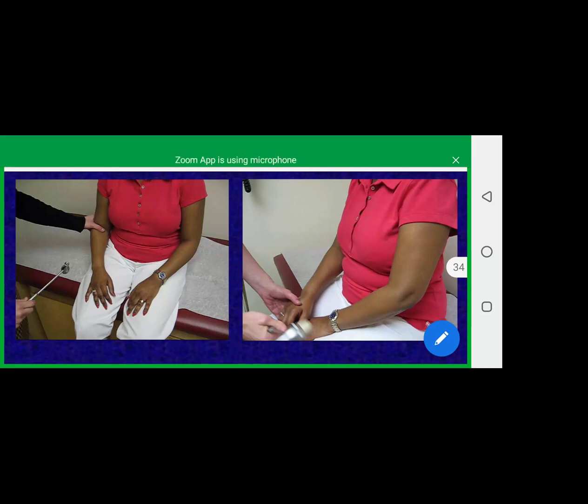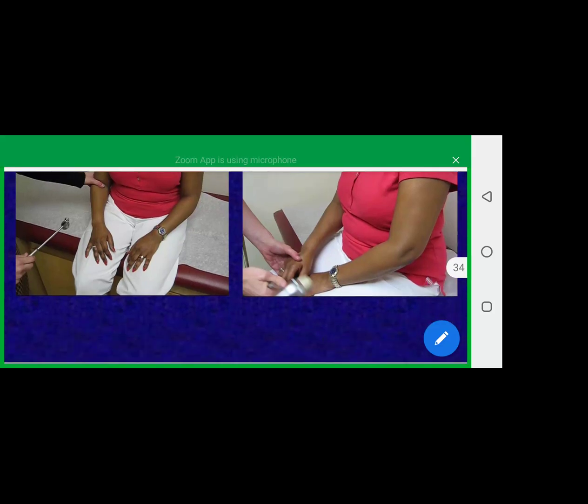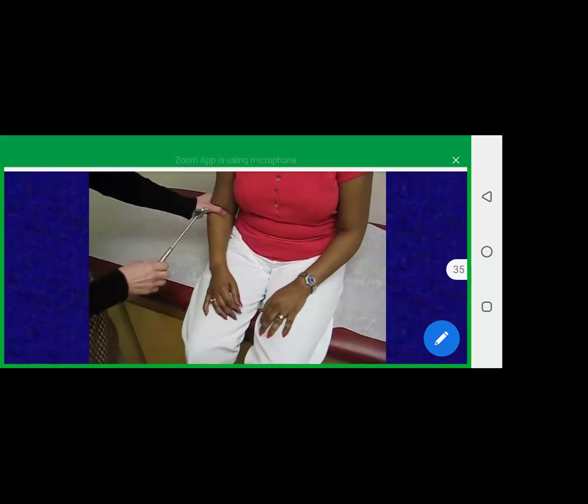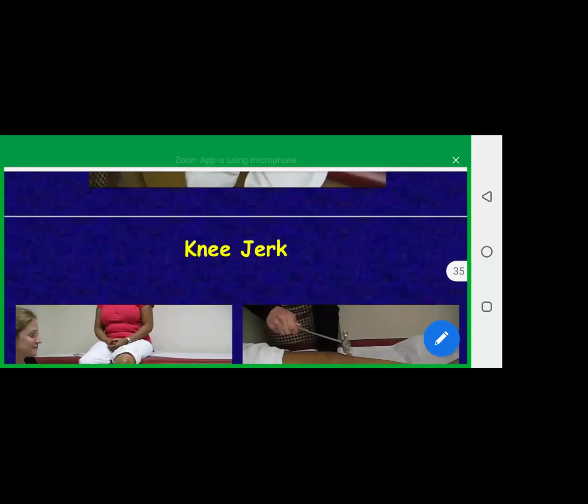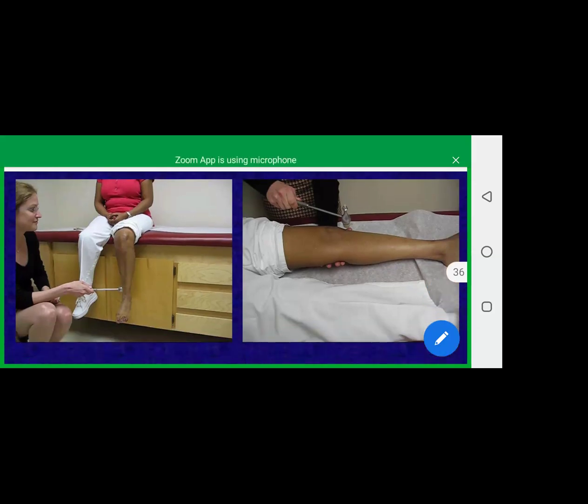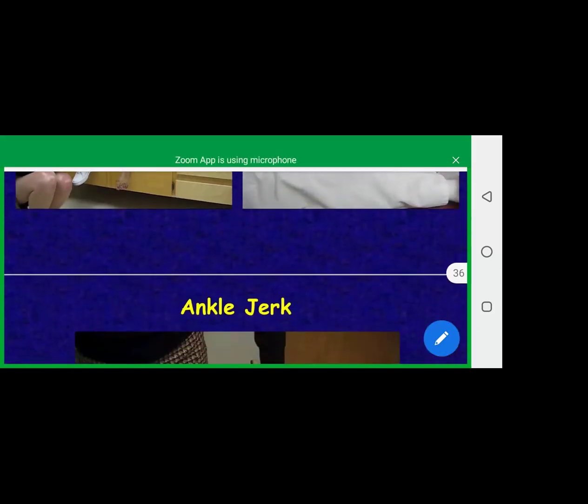But if you strike it and there's some movement, not jerky movement, just some movement, then the reflex is normal. If you strike it and nothing at all, it means there's hyporeflexia. And the same thing goes on these ones. Checking for the reflexes.